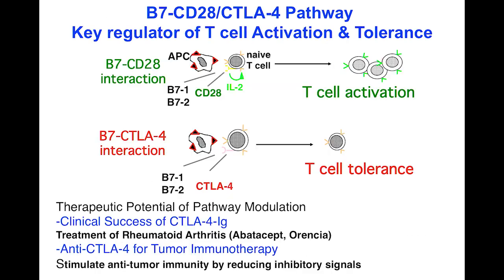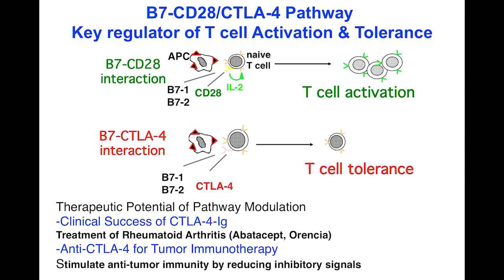So to summarize what I've told you about this pathway, the B7-CD28 interaction is key for the initial activation of naive T cells. This knowledge is translated to therapy with CTLA-4 Ig, a soluble form of CTLA-4 that can be used in the setting of rheumatoid arthritis and transplant rejection to block T cell activation and effector T cell responses.